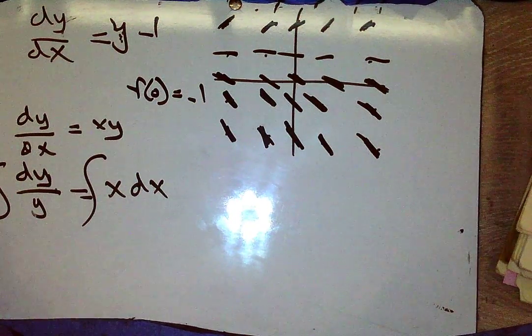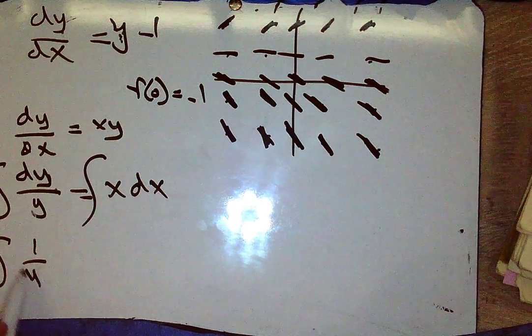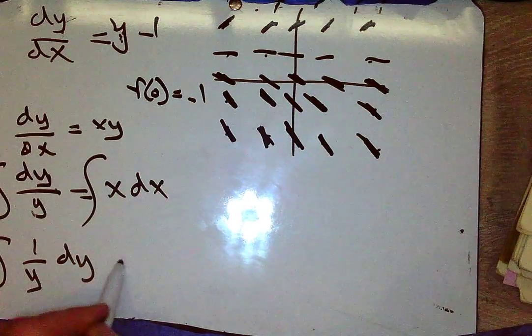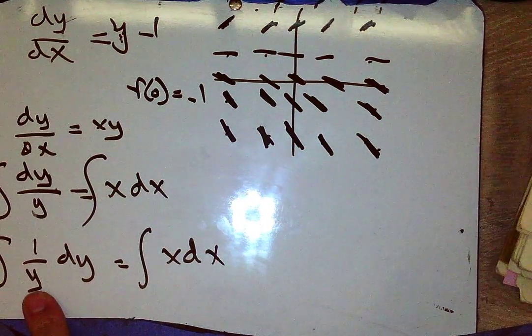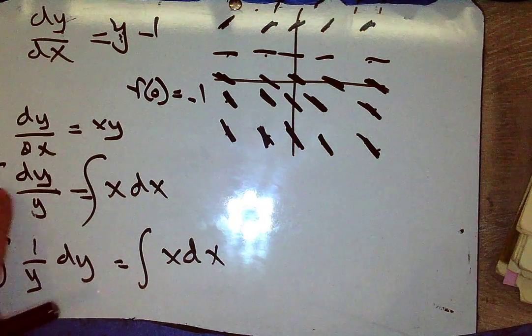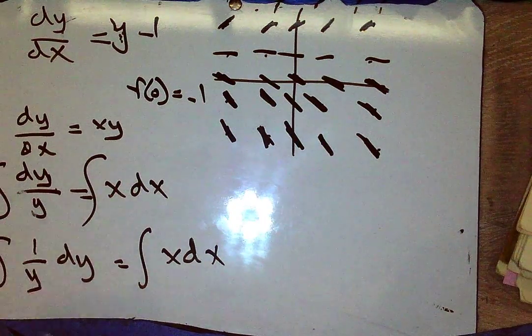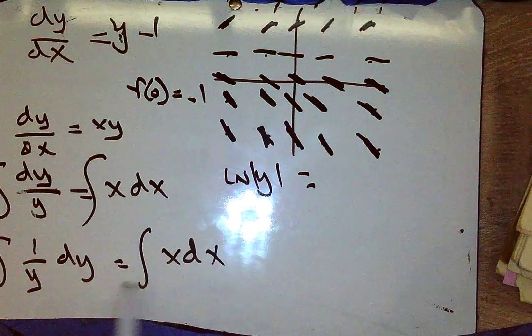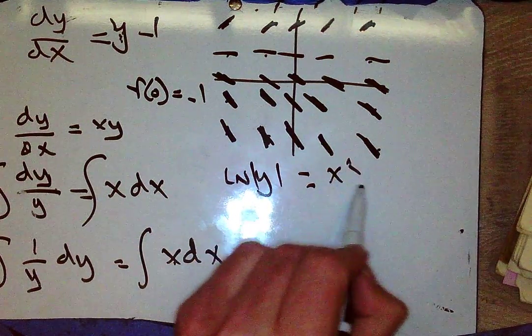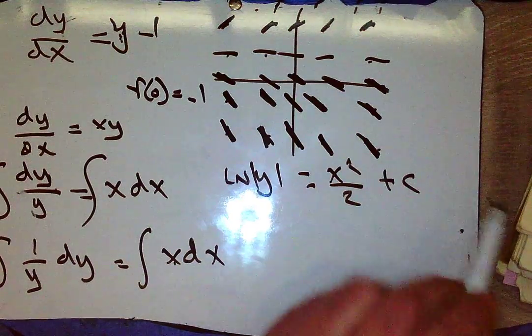And if you're a little stuck over here, I think this might help. Right, because now I'm looking at, oh, that's ln of y. So we're going to have ln of y equals the antiderivative here, x squared over 2.